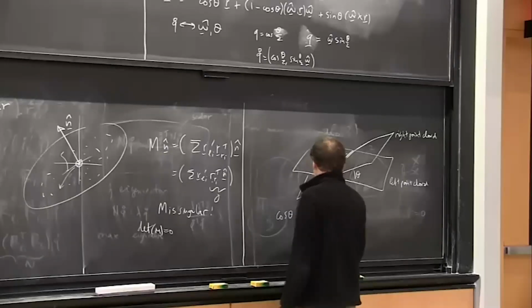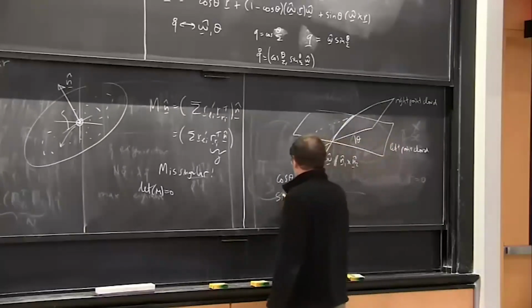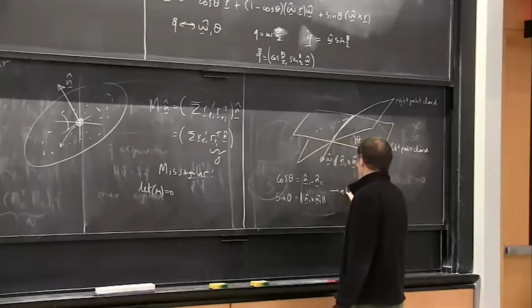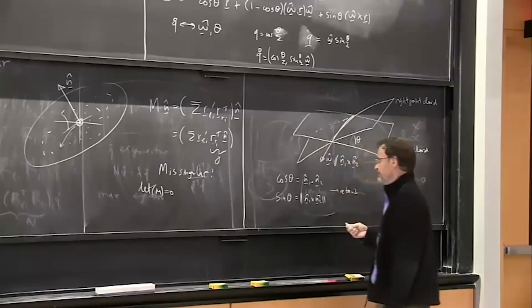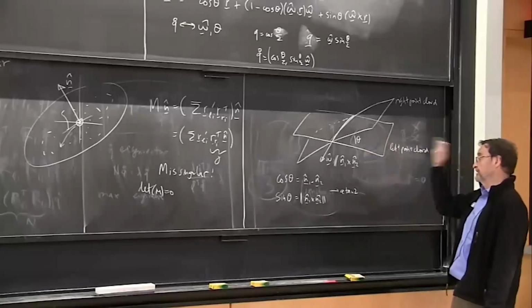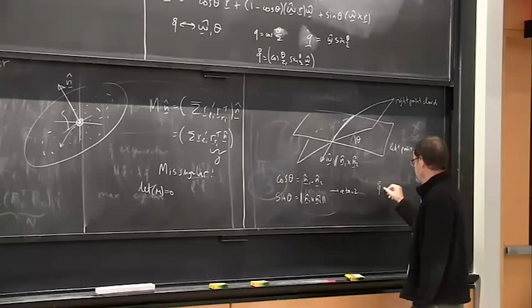I take the dot product, that gives me the cosine. I take the cross product, and the magnitude of that gives me the sine, and then I use a tan 2. Okay, so I've got the axis, I've got the angle, so I can construct a quaternion.